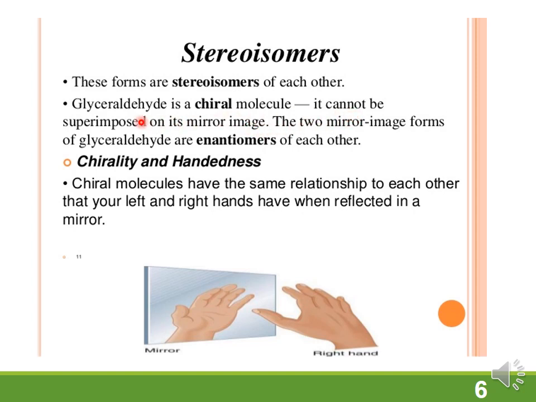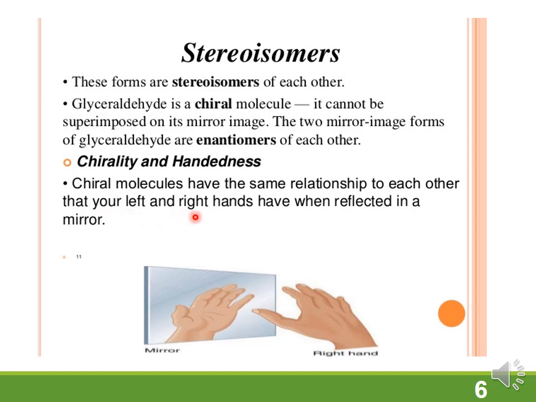Chirality and handedness. Chiral molecules have the same relationship to each other that your left and right hands have when reflected in a mirror. That is why chirality means handedness. Our one hand is a mirror image of the other hand, because our thumb reflects the other thumb, and our forefinger reflects the forefinger of the other hand.